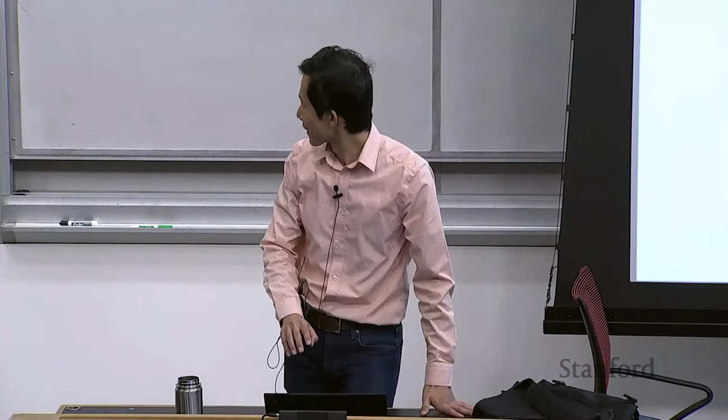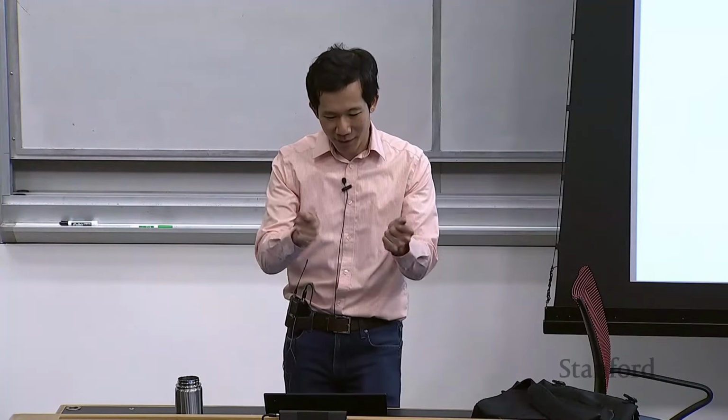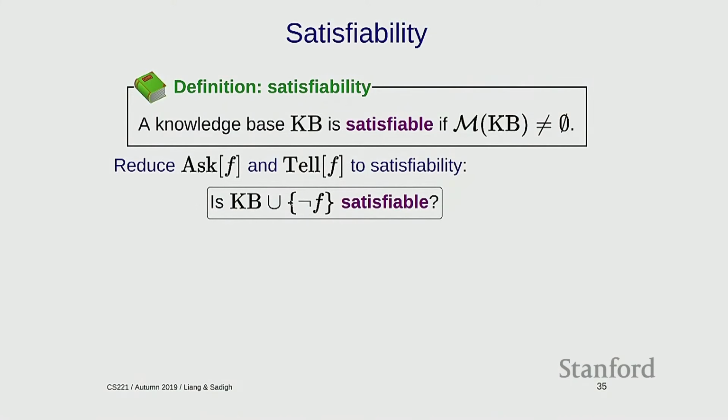Yeah, so I'm interested in the relation between KB and F. I'm asking the question about KB union not F. If F is already in KB, if you try to add not F, that's a contradiction because you have F and not F. So exactly. So this should be an entailment relation between KB and F. Remember, KB entails F is equivalent to KB contradicting not F.